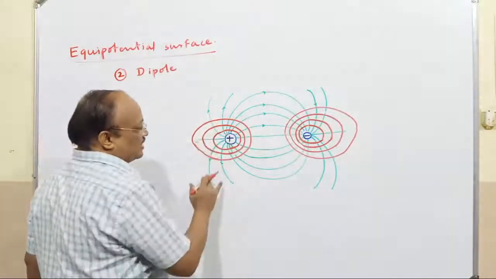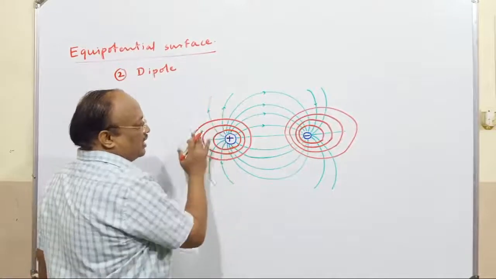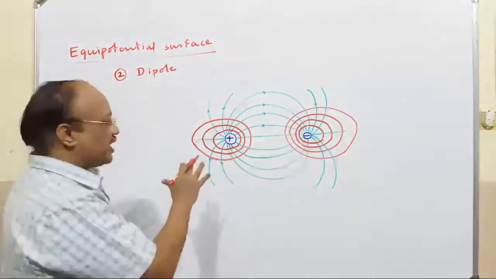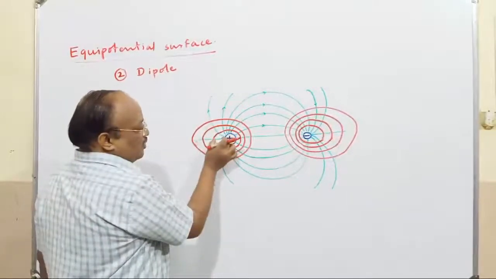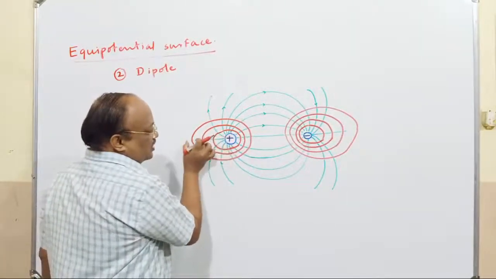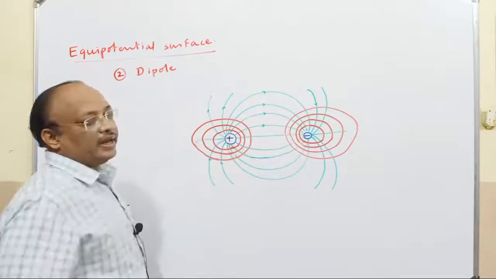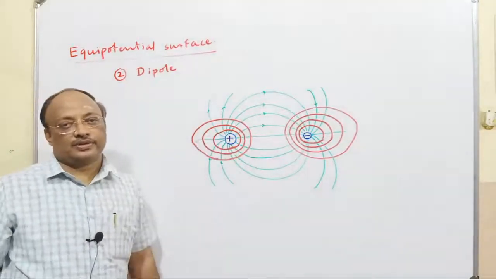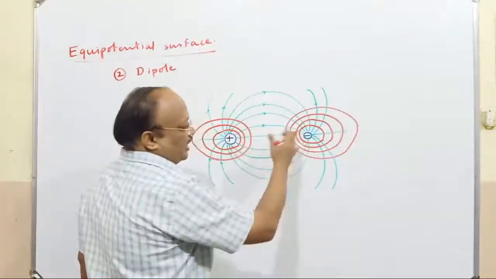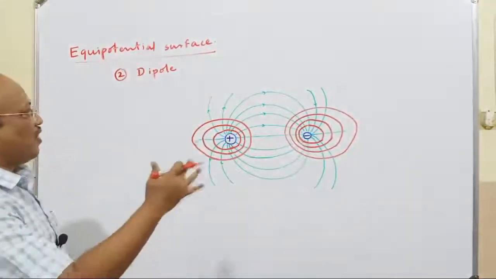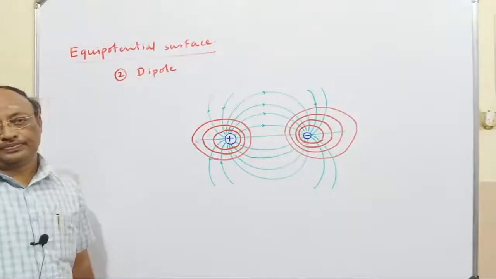Very rarely we are seeing the electric lines of forces here, that shows the field is very less at this end. Because of that, the spacing goes on increasing this side. So this is how you draw the equipotential surfaces for the dipole.